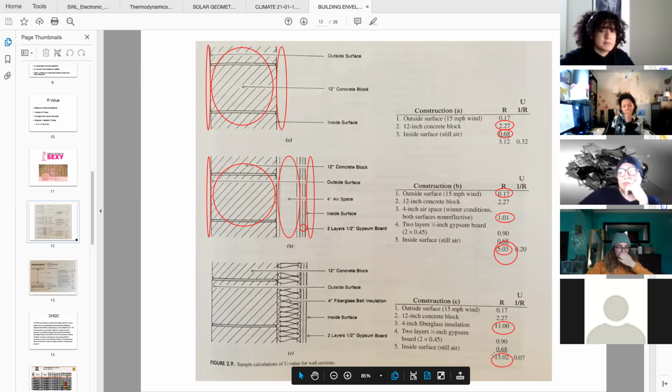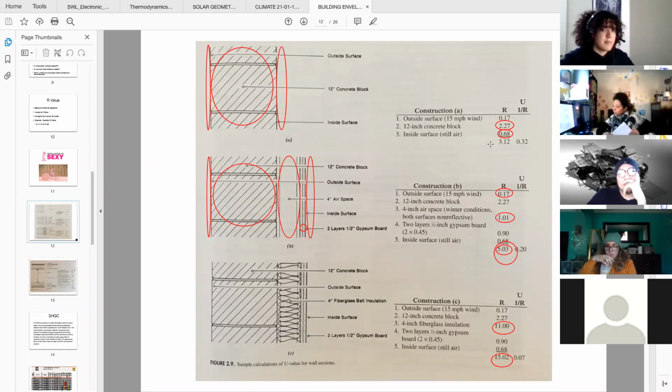And the majority of that performance of that R value is all coming from the insulation, compared to 5 when it's just an airspace, or 3 when there's no airspace and no insulation.